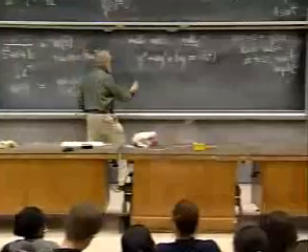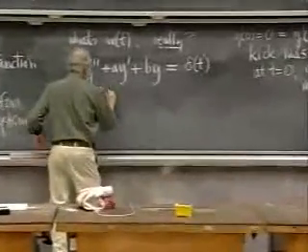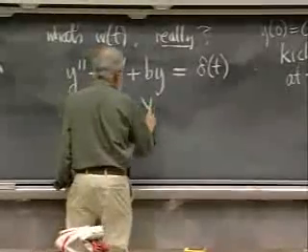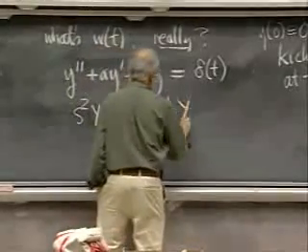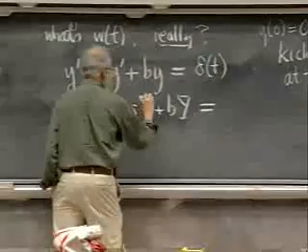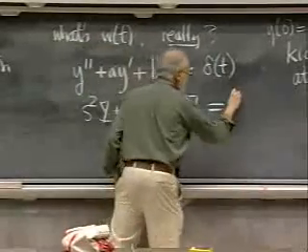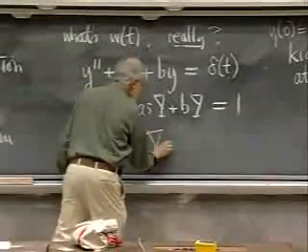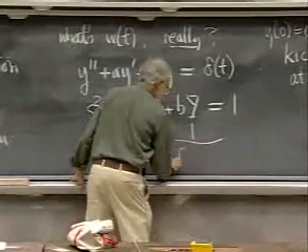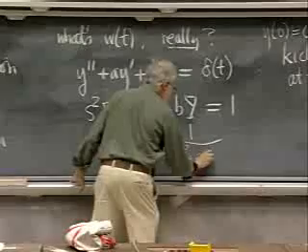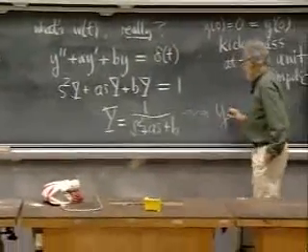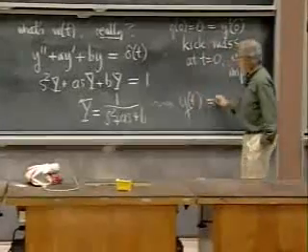So on the left-hand side, s squared y plus asy plus by equals the Laplace transform of the right-hand side, which is simply 1. And therefore, y is exactly the transfer function, and its inverse Laplace transform is that weight function.